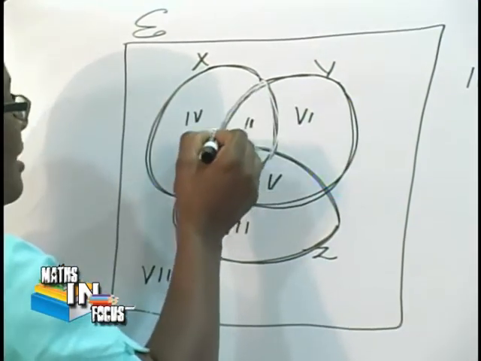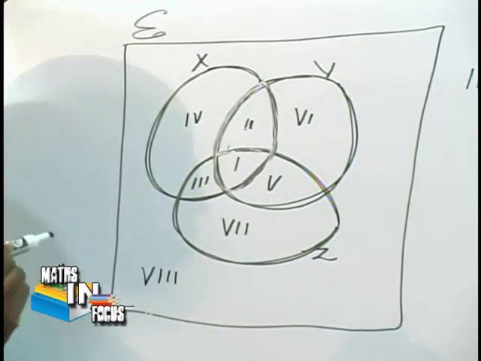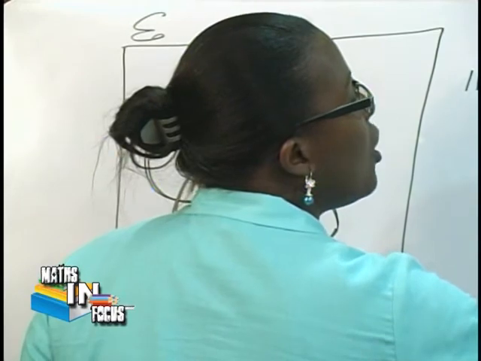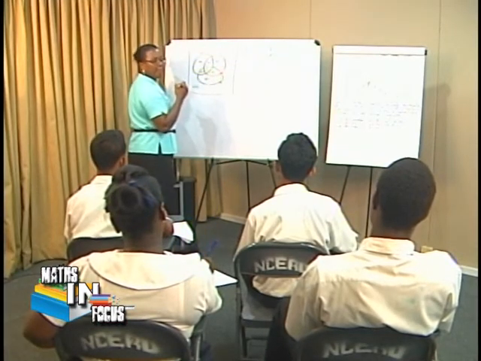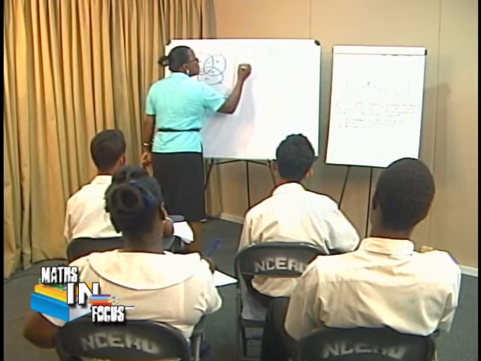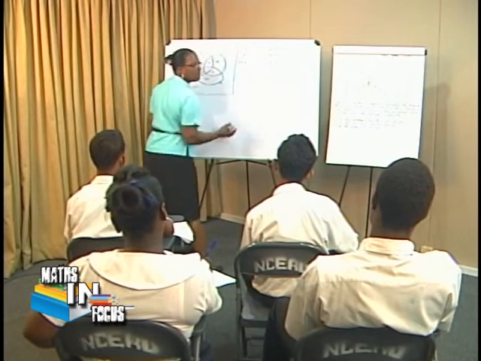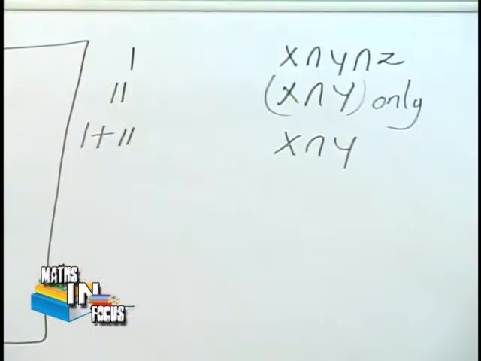But the entire thing here would be X intersect Y. Good. Region 1 plus region 2 would be X intersect Y, the whole thing. Then we move to region 3.